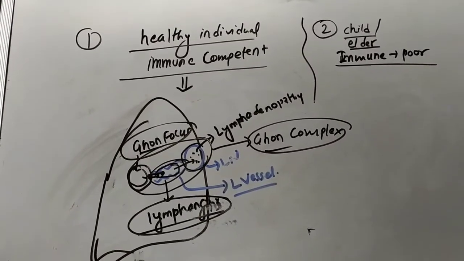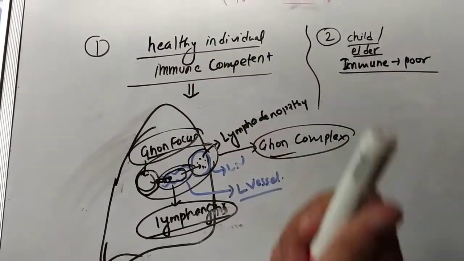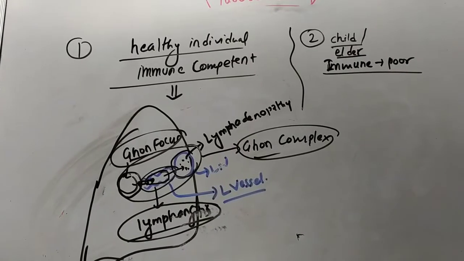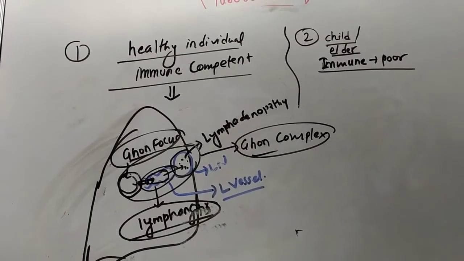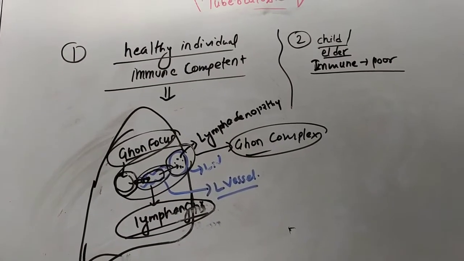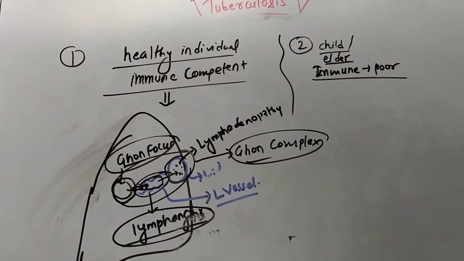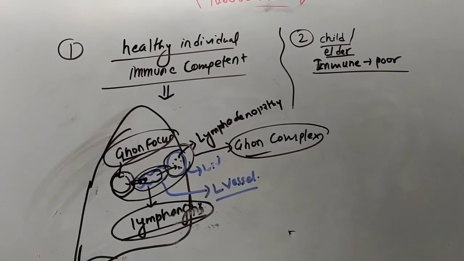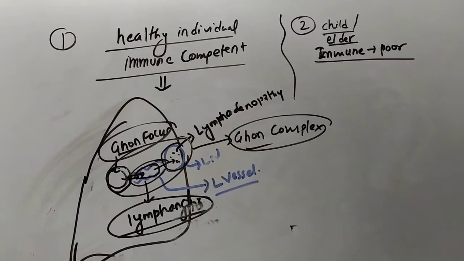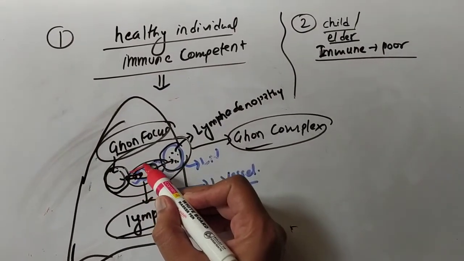And now, as we know that this person is a healthy person, an immunocompetent person, up to this time, the antibodies and the different cell-mediated immunity have come into their role, and due to which there will be fibrosis around it.